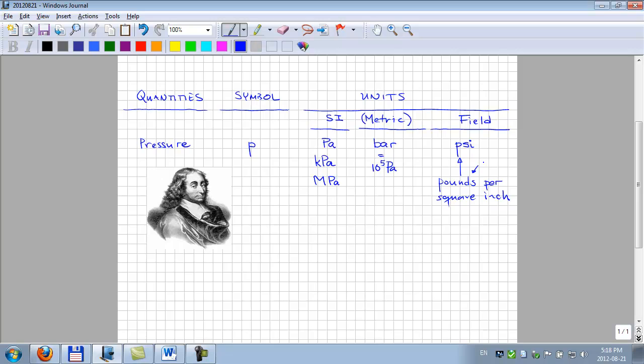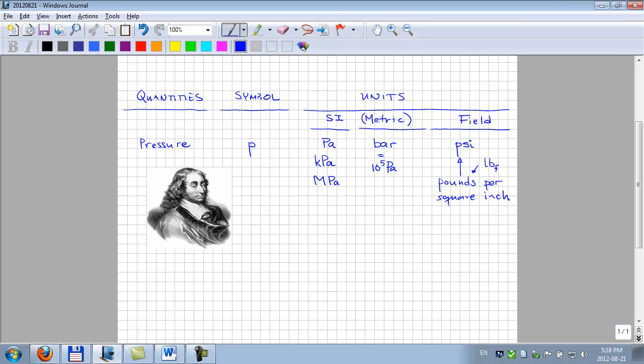The symbol for pound is LB, short for pound. And because there are two types, you'll typically see it written as lowercase f for force. Okay?